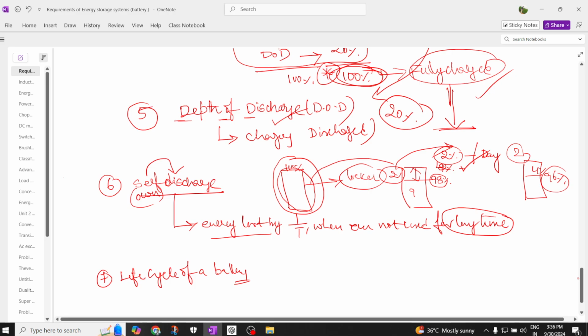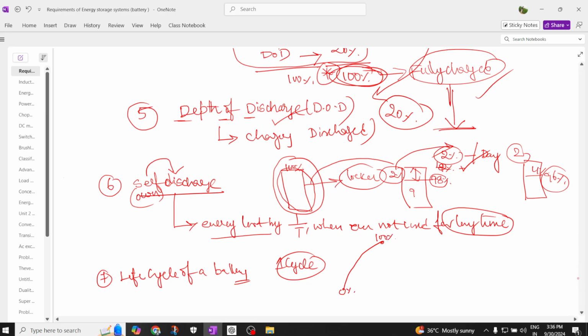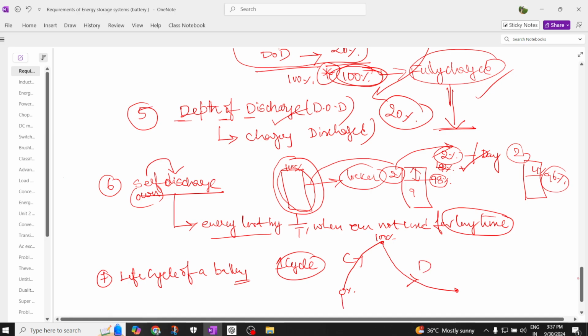Life cycle is nothing but, for example, one cycle of a battery we are going to define as: once the battery is charged from 0% to 100%, and from 100% to 0%, once again you discharge it. One charge and one discharge of a battery we are going to call one cycle. This is called one cycle of a battery.